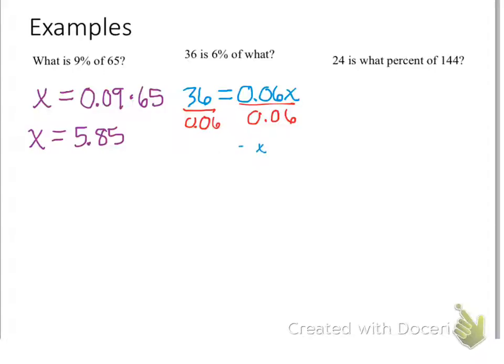So x equals 600. Let's think about that. 36 is 6% of 600. That would make sense. 36 needs to be smaller than 600.